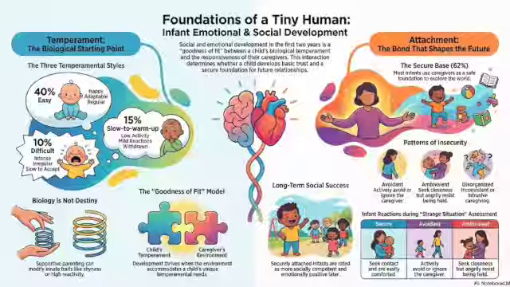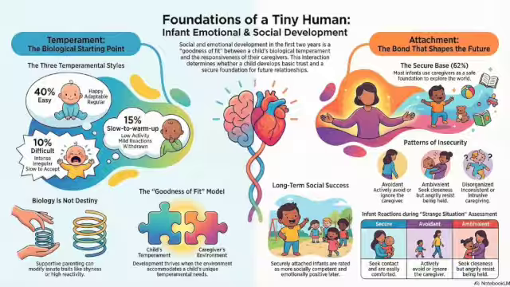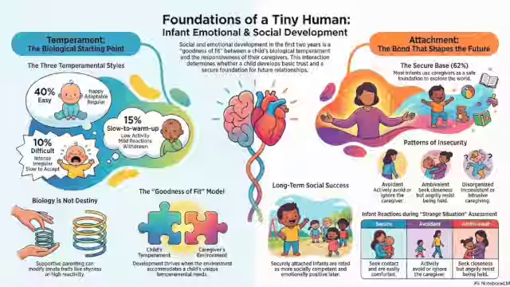I always like to think of this early development as building a house. You need an incredibly solid foundation before you can even think about putting up the walls. That's a great way to put it. That foundation of trust has to be poured first, and it has to cure. Then once you have that, you move into the next phase, which is building the walls. Which would be autonomy versus shame and doubt. Exactly. That happens between 1 and 3 years old. Toddlers suddenly desire independence. They want to do things themselves.